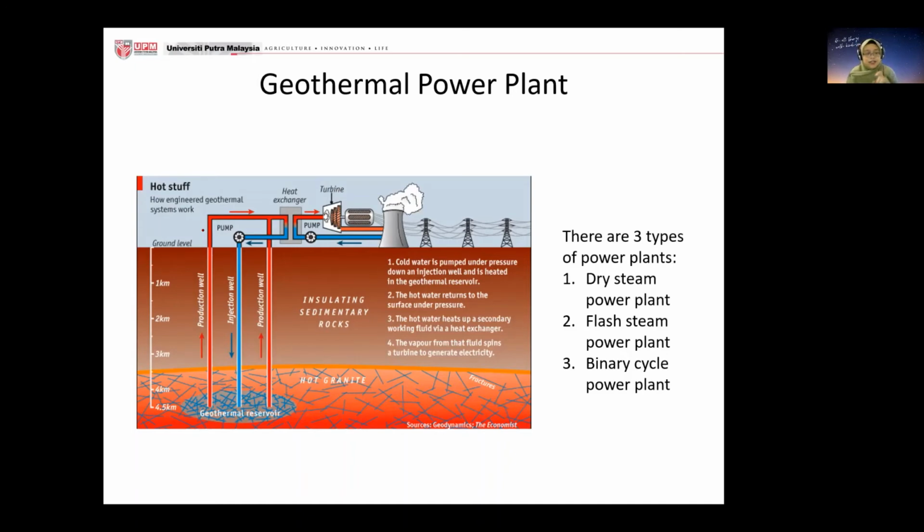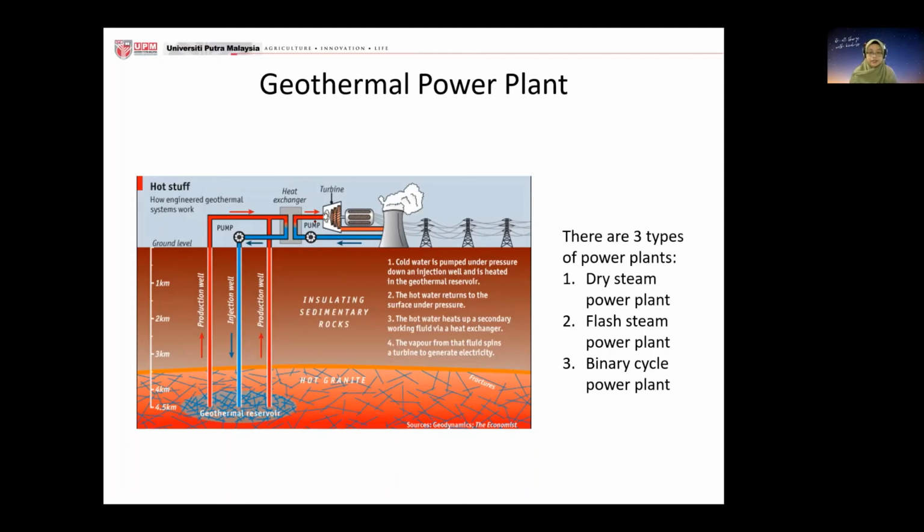In flash steam, the water that comes down is still water when it comes up, and then the pressure will be tweaked. The chemical term for that is flash, and it means that the flow that goes into the turbine is a mixture of steam and hot water, right?